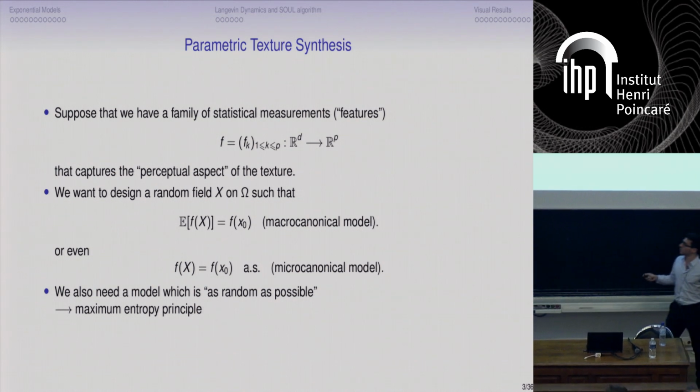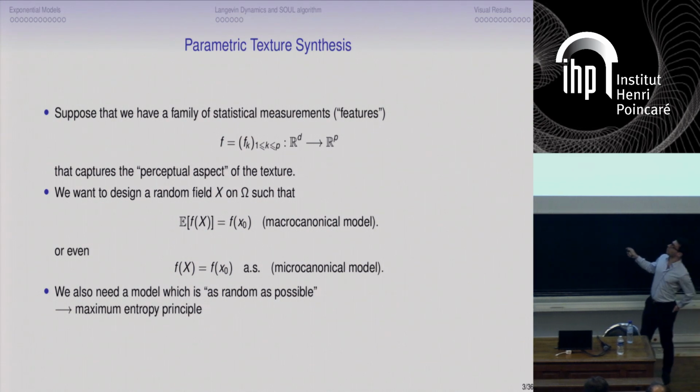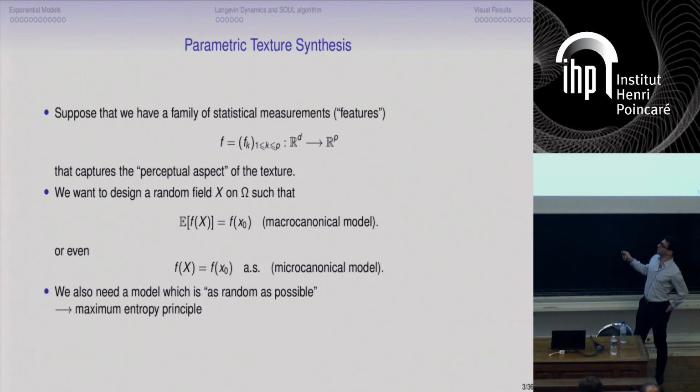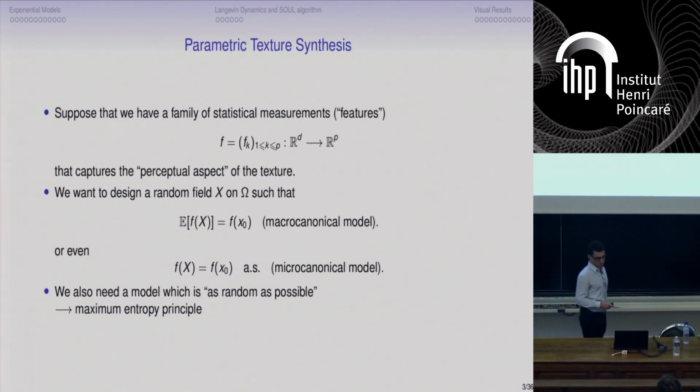If you maximize the entropy with those constraints, you get respectively what's sometimes called a macro-canonical model for the expectation constraint and a micro-canonical model for the almost sure constraint. It's terminology that comes from statistical physics, I guess, but which was recalled by Mala and Bruno in a recent paper.